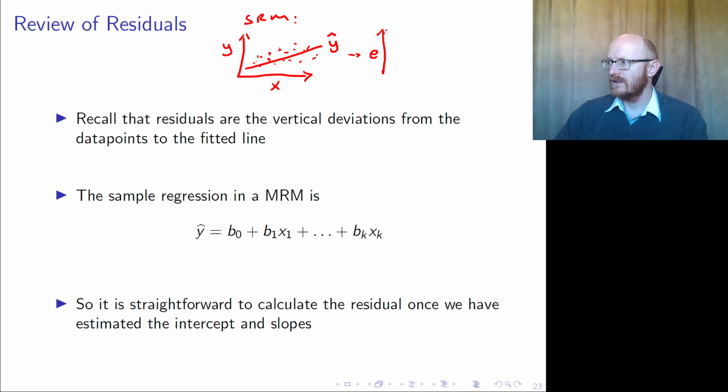We could plot the residuals against, sorry, that was not the errors.